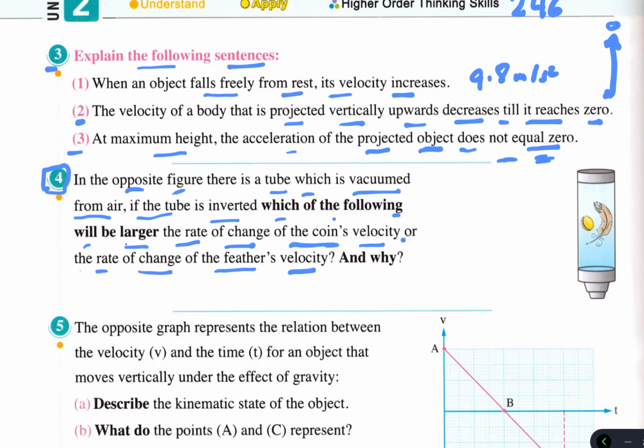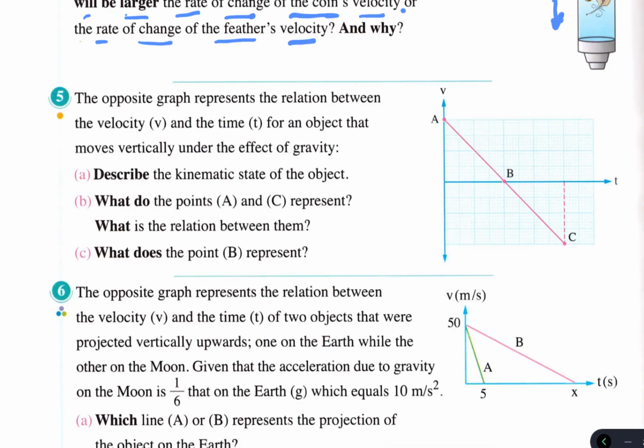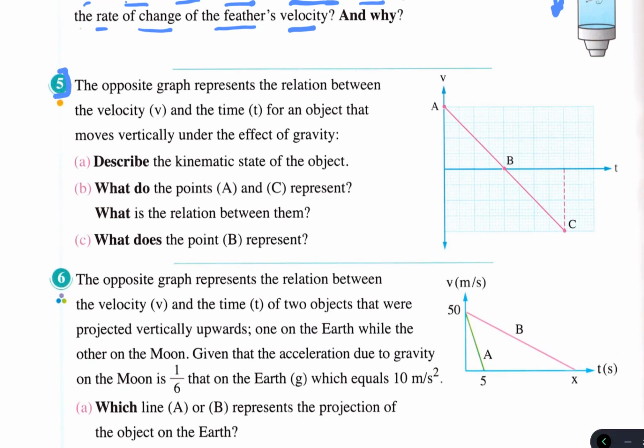There is an experiment about that you can watch on YouTube, and you will see that both reach the ground together because there is no air resistance and we don't care about the mass. Both are equal. They are falling with the same acceleration, which is free fall acceleration.